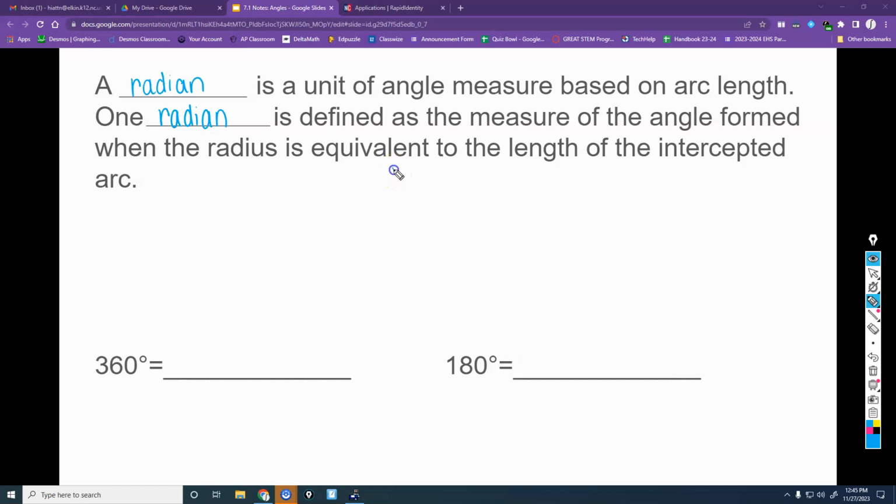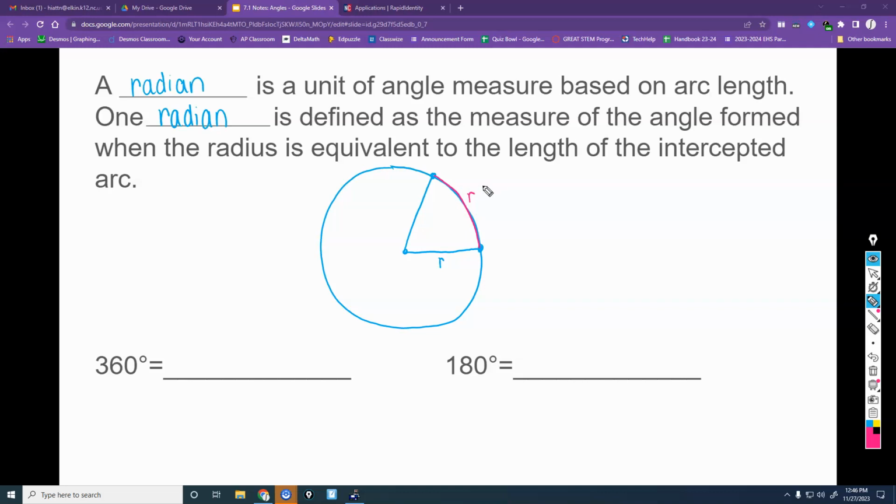So I'm going to redraw that picture we had from the other page since it's gone. Not the whole thing, but just this little piece right here. Whenever we had that angle right there, this length right here was our radius, and the length of that arc right there was also the radius.